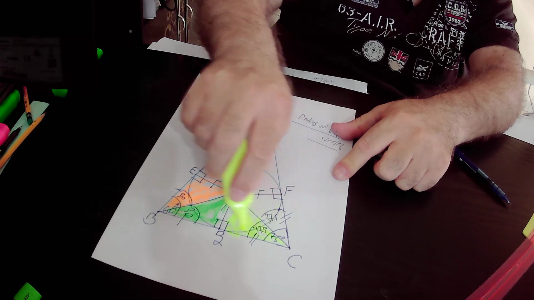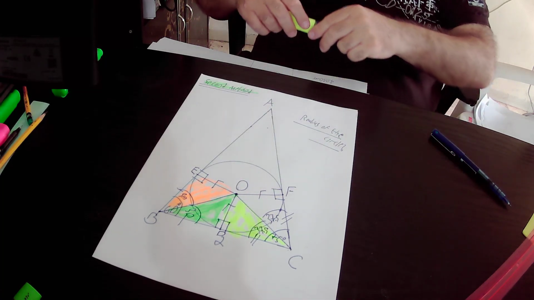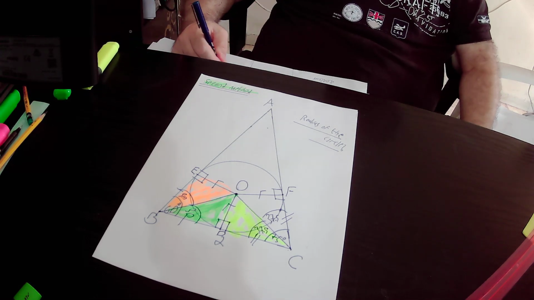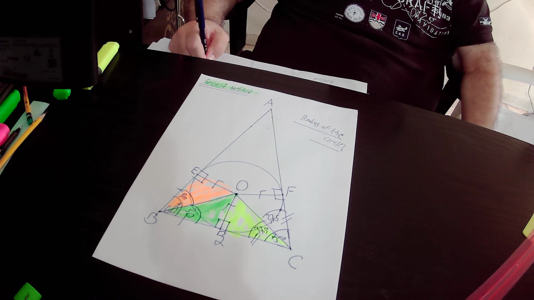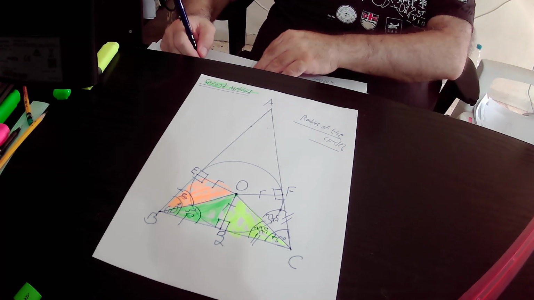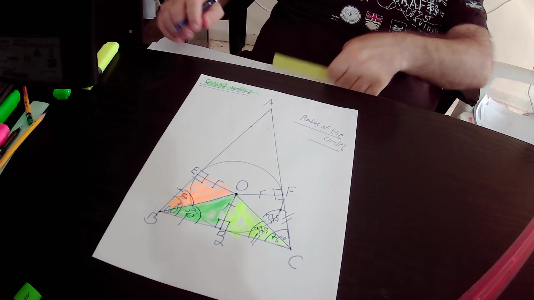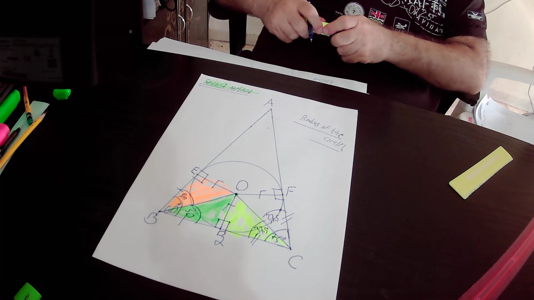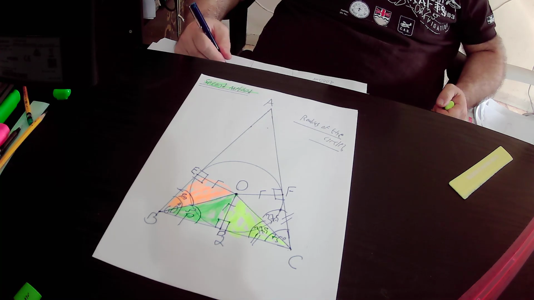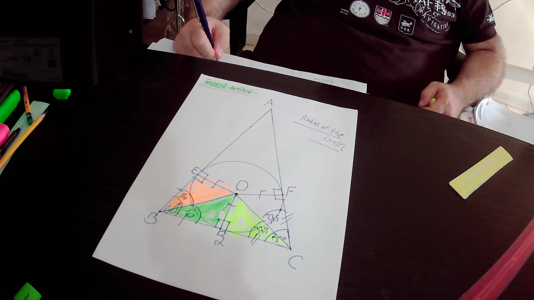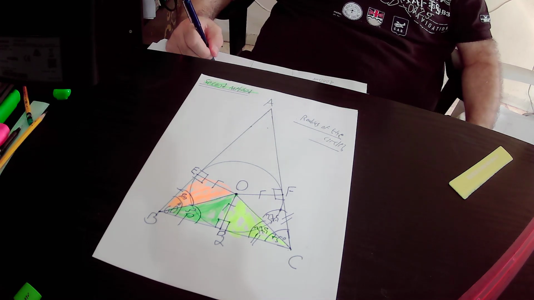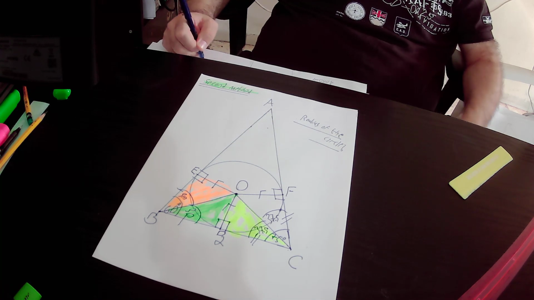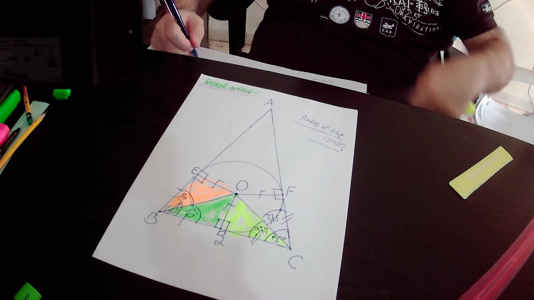In the yellow triangle ODC, it is very easy to see from the drawing that tangent 37.5 degrees is equal to OD over DC.